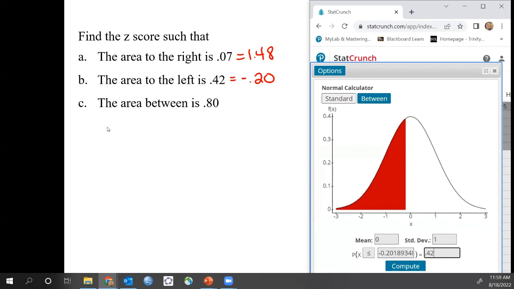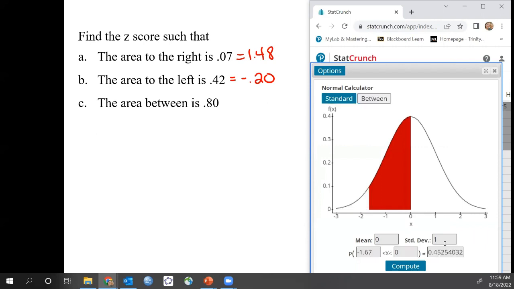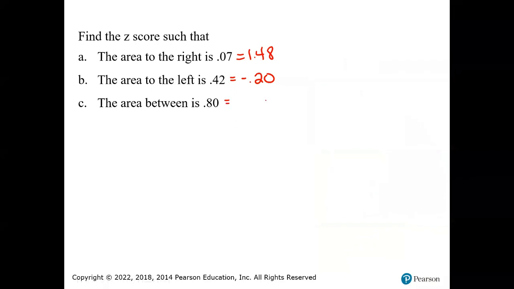And our last one is the area between is 0.80. And anytime you do one like this, you're going to get both answers to be the same. One is positive, one is negative. Negative 1.28 and positive 1.28. So one easy, quick way to write that is positive and negative 1.28.